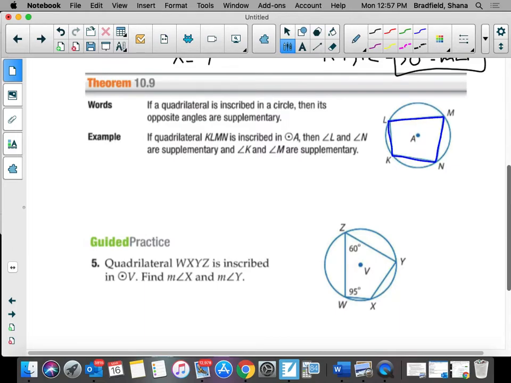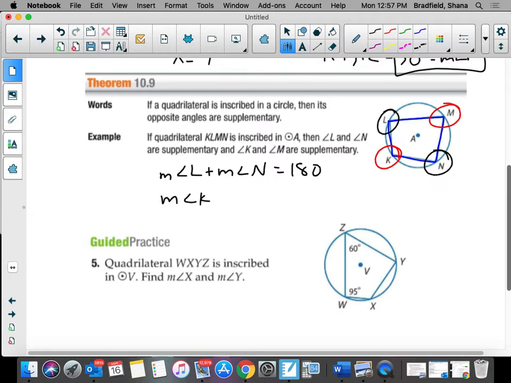It can only have 4 sides, doesn't matter what it looks like in there as long as the vertices are touching the circle, then opposite angles are supplementary. And so my opposite angles in this case would be L and N and K and M. So if they're supplementary, that means the measure of angle L plus the measure of angle N would equal 180. And the measure of angle K plus the measure of angle M is equal to 180.